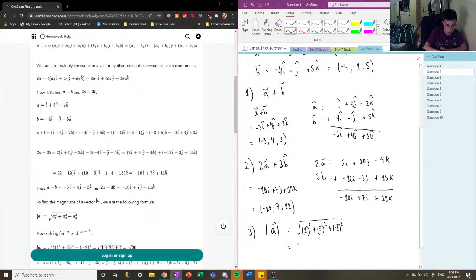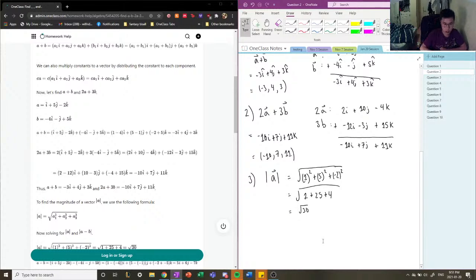That's going to equal 1 plus 25 plus 4, which is 30, so the magnitude is the root of 30. Okay, cool.